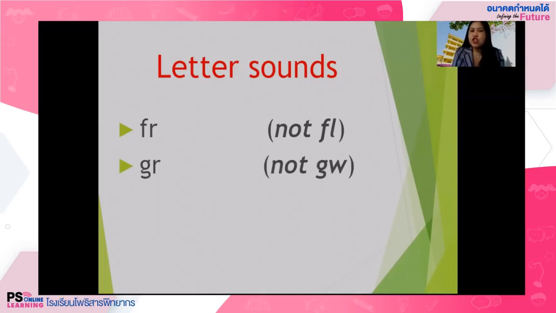Second is GR. If you cannot say grr, you can practice with the grr first, okay? Say that first, grr. And then slowly you will be able to say grr, grr, grr, okay? Not gua, but grr.